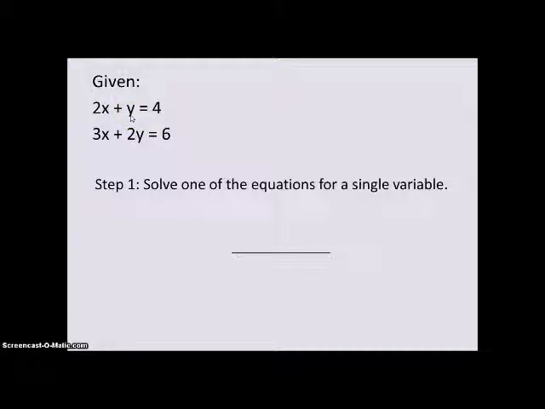And what I mean by solving for a variable is to get it by itself. So I need to get y having no coefficients in front of it, and y needs to be the only variable on that side of the equation. So I've subtracted 2x from each side of our equation, giving me y equals -2x plus 4.